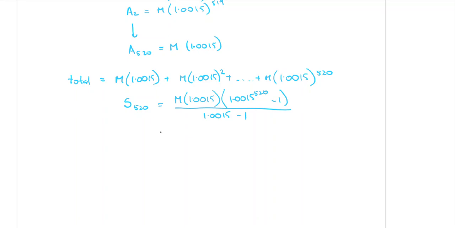Now, I'm trying to find the M, remember? So this is the point where I need this sum to be equal to the amount that we would get if we were doing this monthly, like we were in Part A. In Part A, we were told we got a sum of 109,256.94.